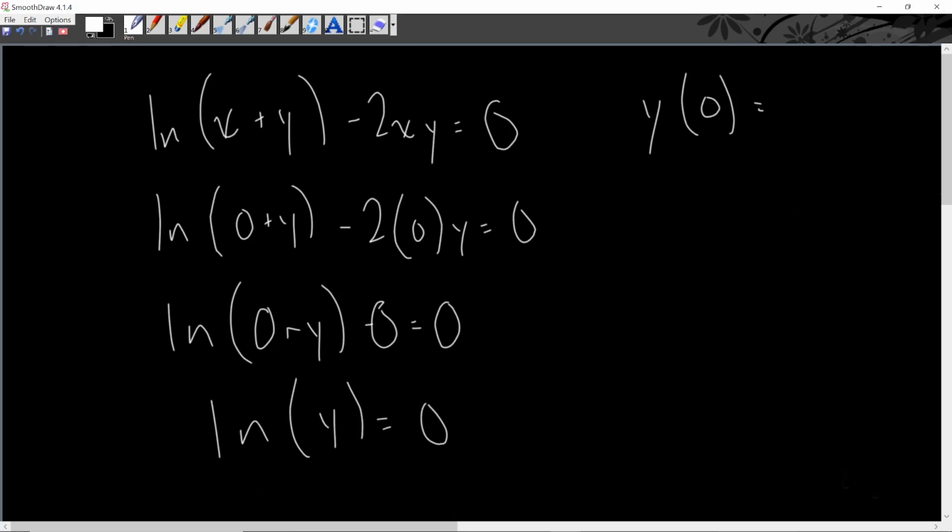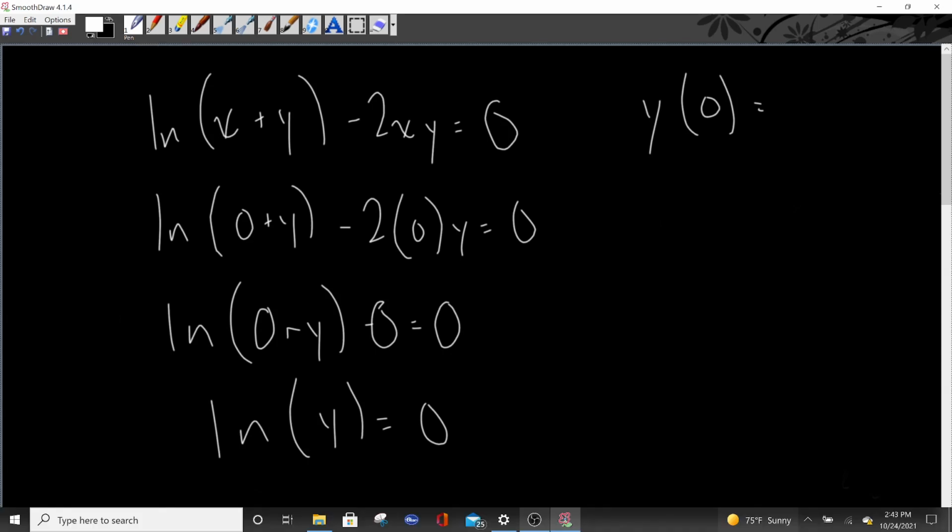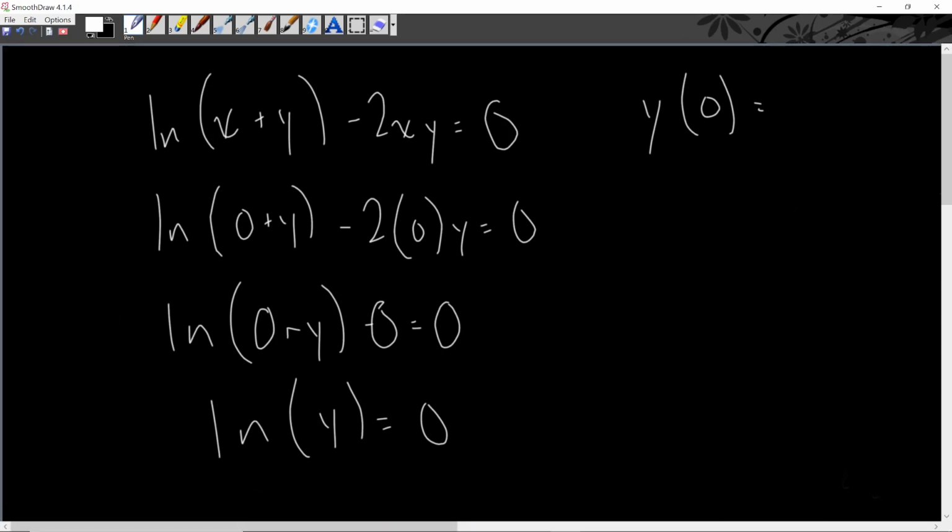All right, and then from here we have a somewhat interesting equation. You might have seen it before, but ln of anything, if that anything has to equal 0, then ln of 1 is equal to 0. And in order to cancel out ln, we have to use its inverse operation.